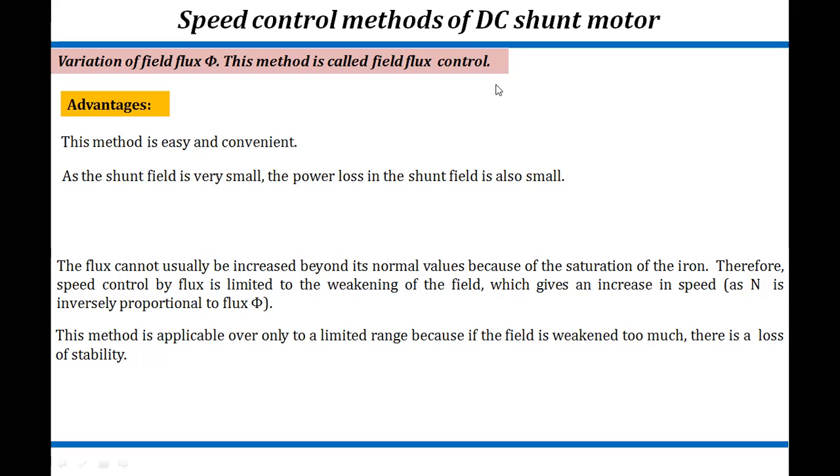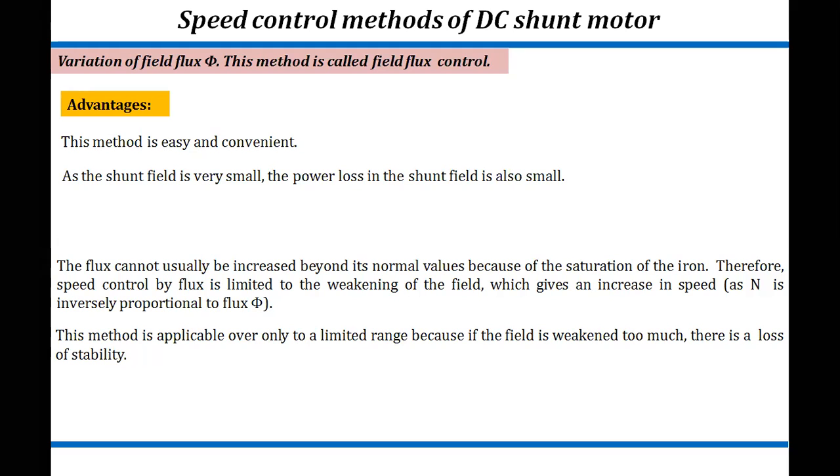What was the disadvantage of the first method? In variation of armature resistance, a larger amount of power gets lost and we get a smaller amount of power because we were using additional resistance. But here we will get a higher amount of speed, speed over the normal level.